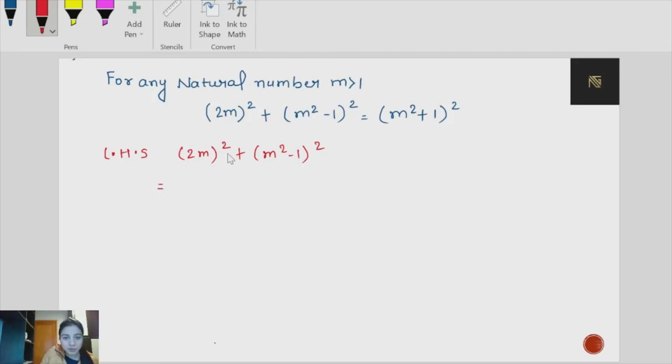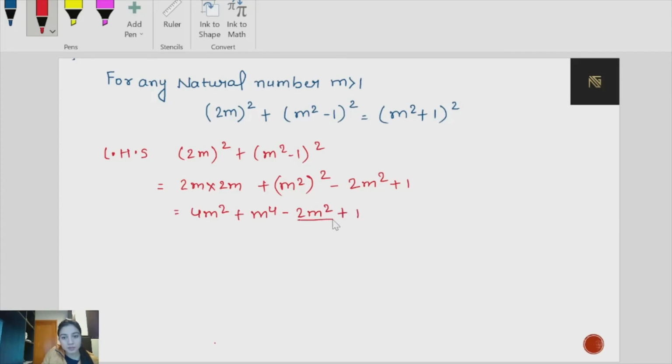So 2m whole square will be 2m times 2m plus this one we will expand according to the identity of a minus b whole square. So a square minus 2ab plus b square is equal to 4m square plus m to the power 4 minus 2m square plus 1.